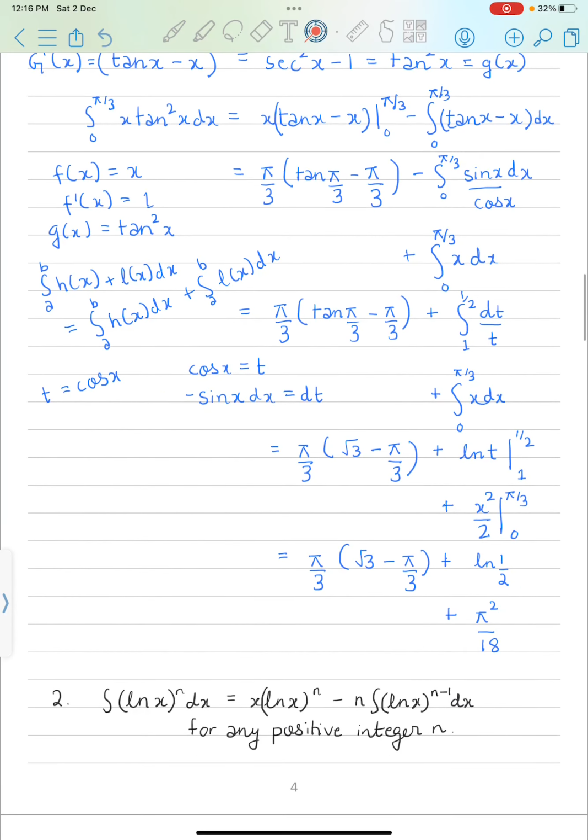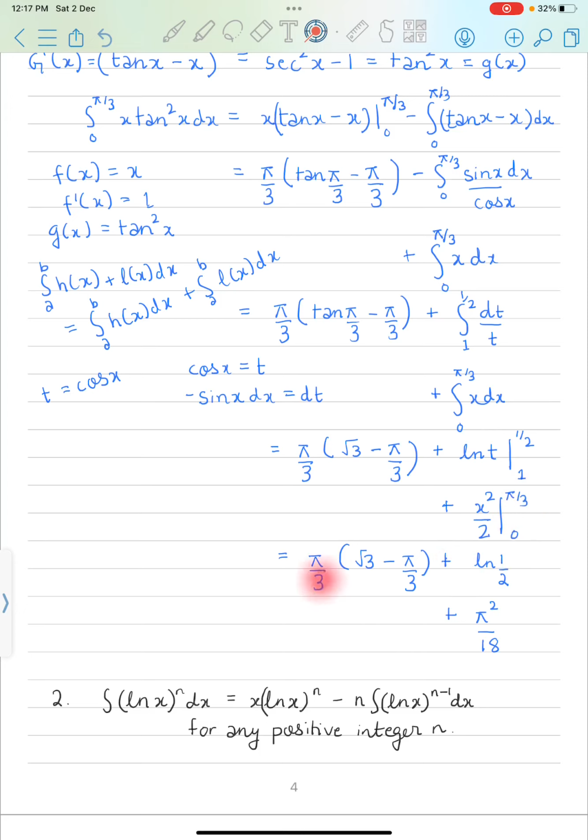Now this thing, pi by 3 into tan pi by 3 is root 3, minus pi by 3, and then the integration of dt by t will be ln t, from 1 to half. And then the integration of x will be x square by 2, from 0 to pi by 3.